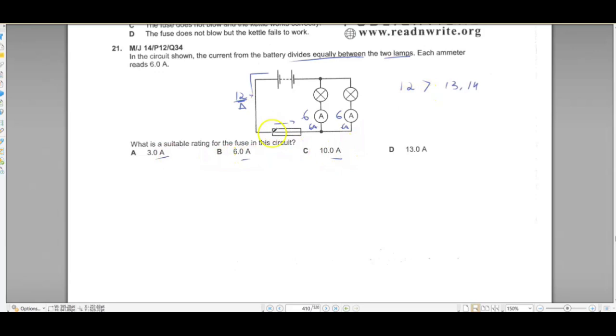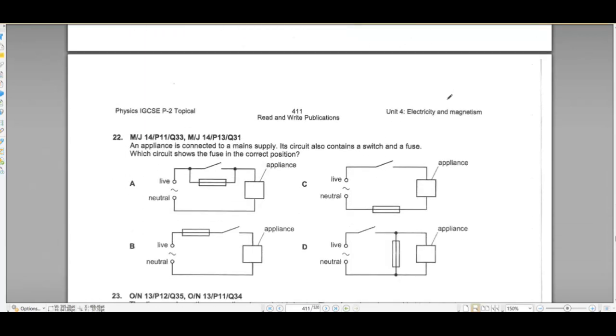So if these are employed over here, they are not going to let the current go to these lamps. Okay, because 12 amperes is coming in and this is made for a 10 ampere current. So this is going to fuse up and it won't let the current pass through. Okay, so these are not going to work. So 13 ampere is a better option, which is greater than 12 and not much greater than it. Okay, so D is the correct option.